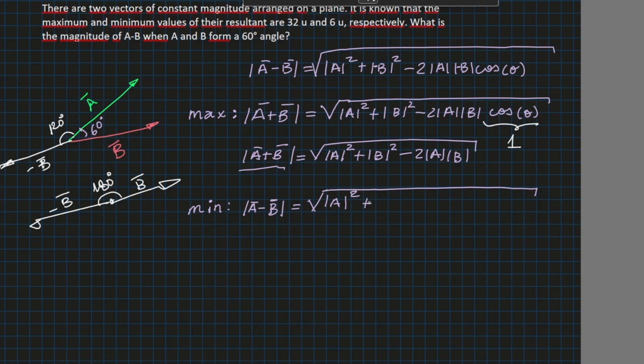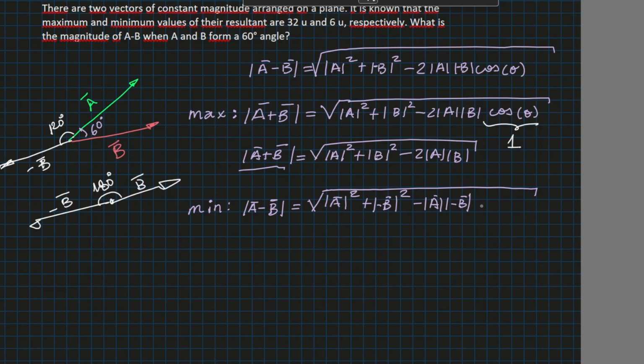So A squared plus B squared, minus the vector B. Remember, these are vectors.